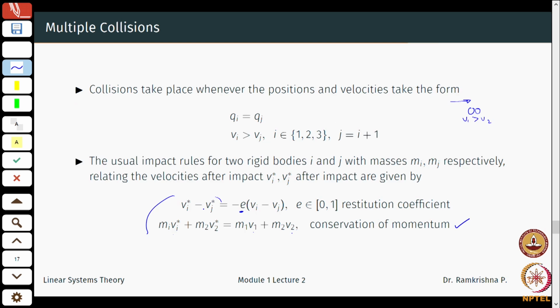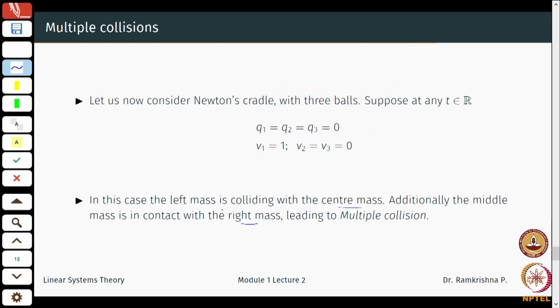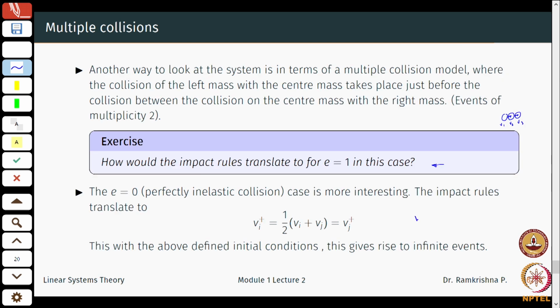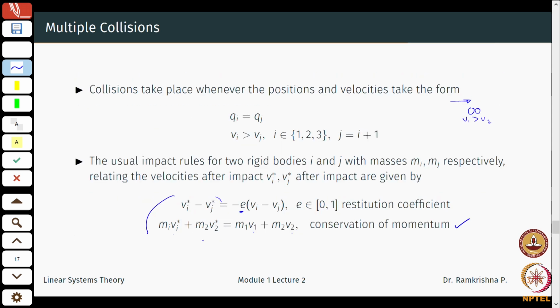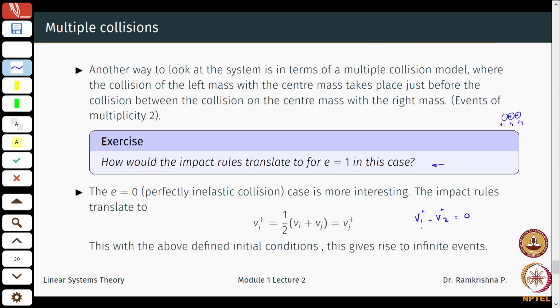If I rewrite this, V1 minus V2, with e equal to 0, will be 0, just after impact. That will be the first rule. The second rule tells me M1 V1 plus M2 V2 is this. M1 is 1, so V1 plus V2 is again V1 plus V2. Then you keep on writing this and you arrive at a general expression like this.